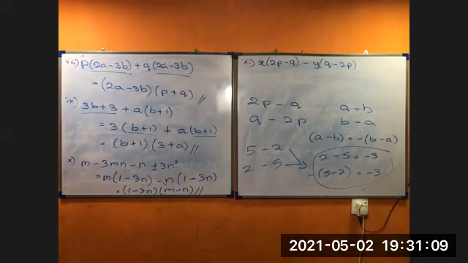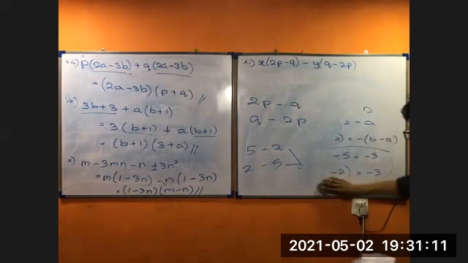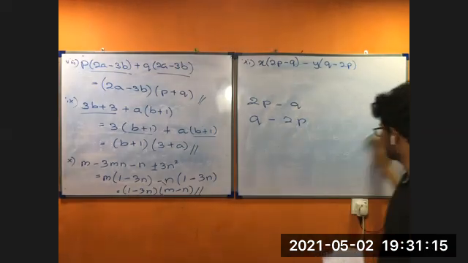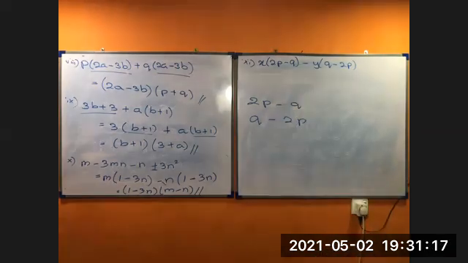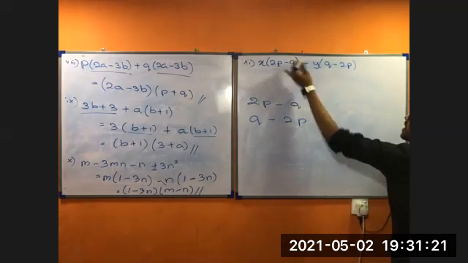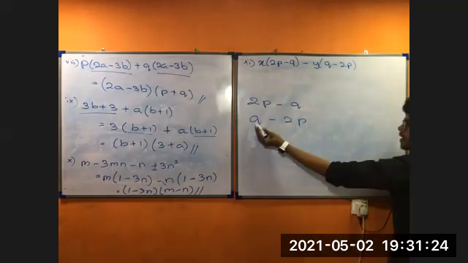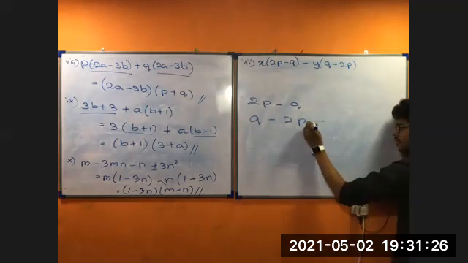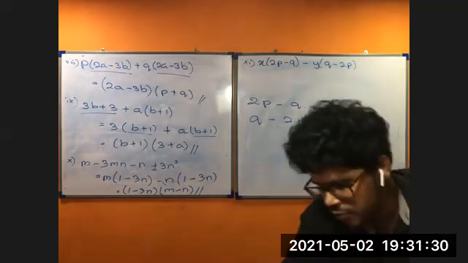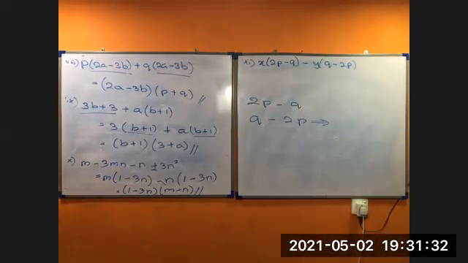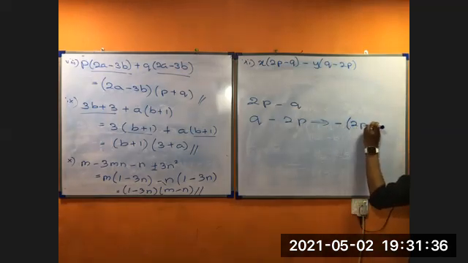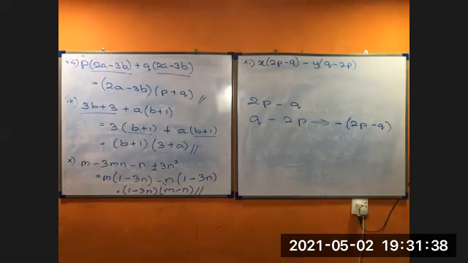So here also you can do the same thing. Here I have 2p minus q, and here I have q minus 2p. Instead of q minus 2p, let me write it as minus 2p minus q.